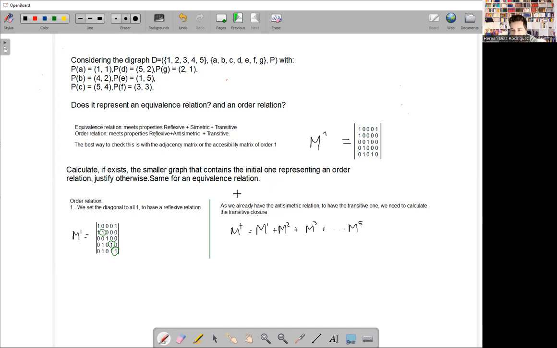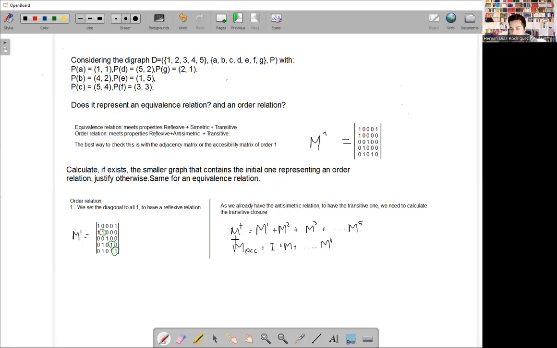In this case, you need to realize that this transitive closure is different from the general accessibility matrix, right? Because when we were calculating the accessibility matrix, we were also adding the identity matrix, and if we had 5 vertices, we only needed to add until the accessibility matrix of order 4, right?